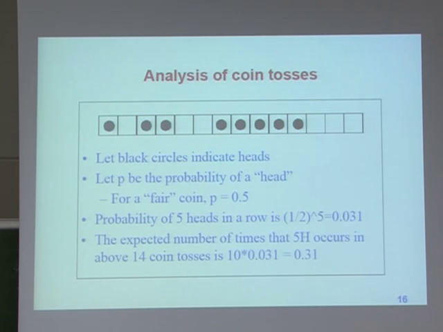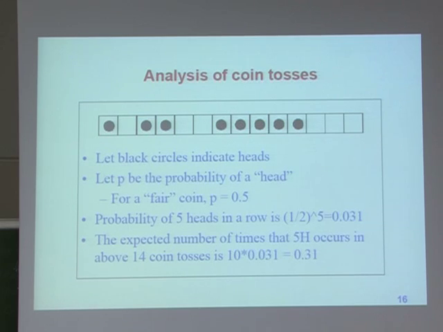If we have 1, 2, 3, 4, 5, 6, 7, 8, 9, 10, up to 14 coin tosses, as written here, in 14 coin tosses, how many different places can you start this experiment? You can start at the first coin toss up to the 9th coin toss, but you cannot start a new experiment at the 10th coin toss because there are only 4 left.